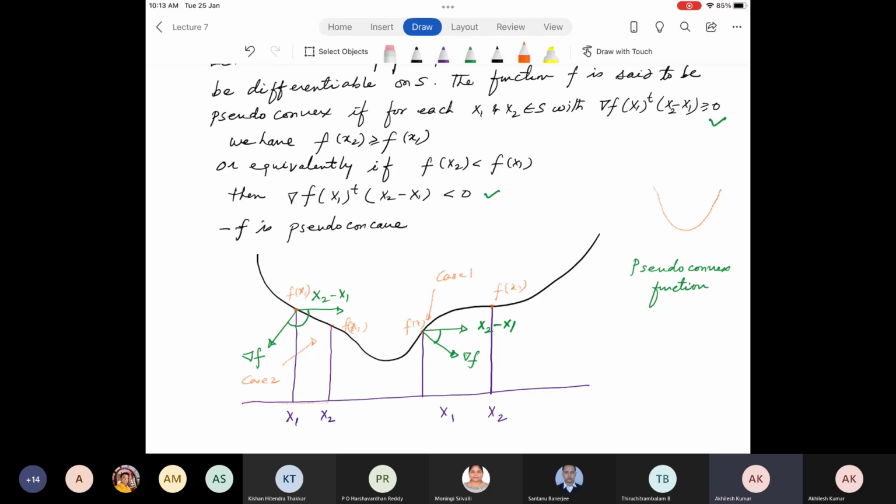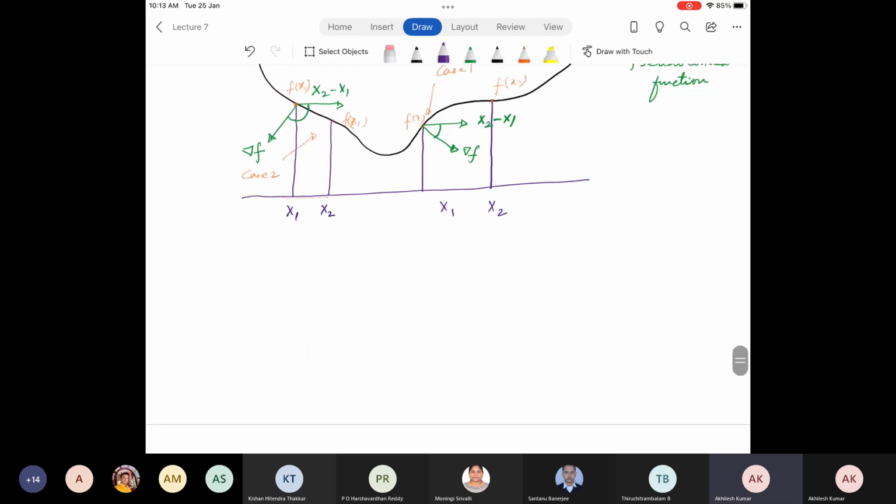Is this fine, guys? If it is fine, we can move to the next definition.